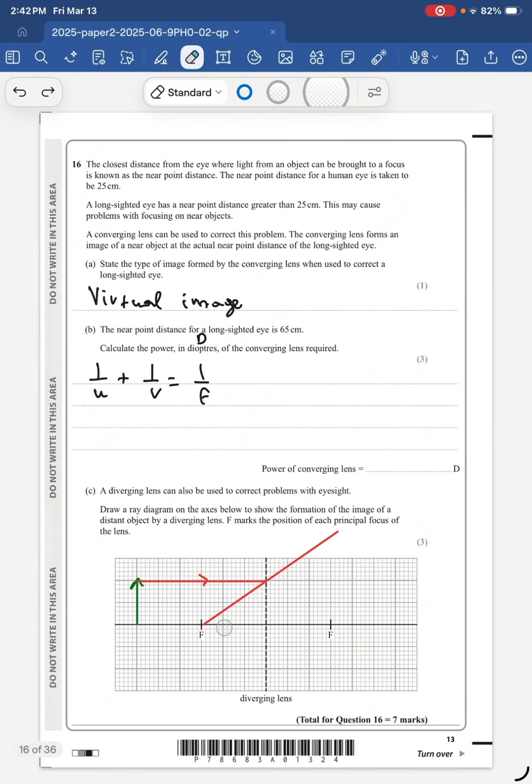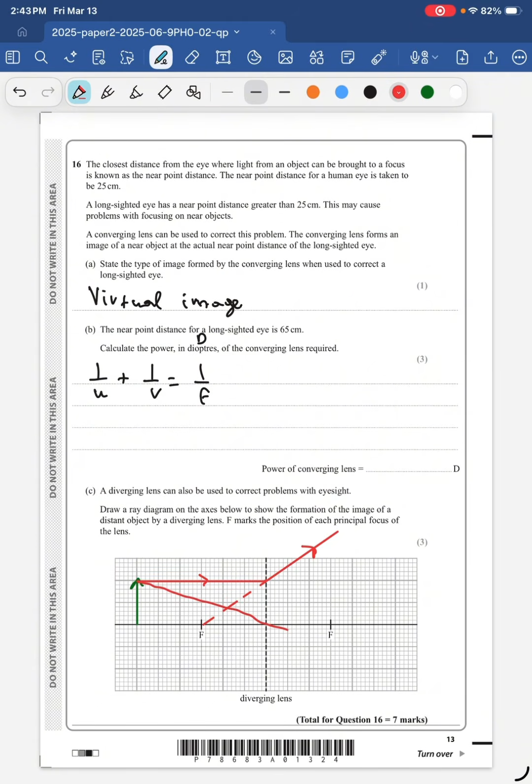I'm trying to make it tiny. Okay, something like this. So this is our line. And then one more line is enough. So one that passes through the focal length, no, we can draw this one that goes straight like that. And the virtual image is this one.